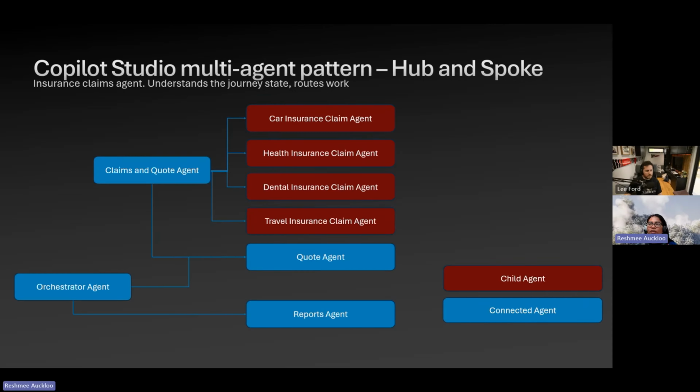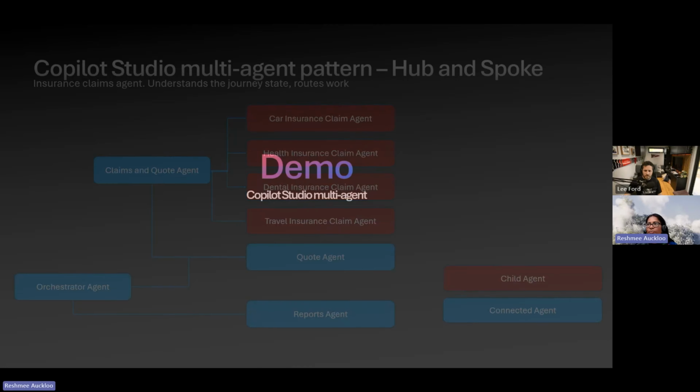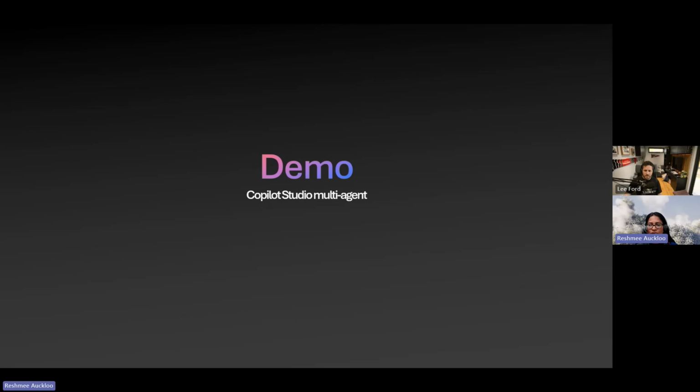I did do that, but I don't know whether it's a limitation. When I checked last week, it doesn't seem to reason well if I connect to a connected agent which has both child agents and a connected agent. I don't know whether it's a known limitation or something that will be fixed at some point. Anyway, that's it, and I'll just move on to the demo.